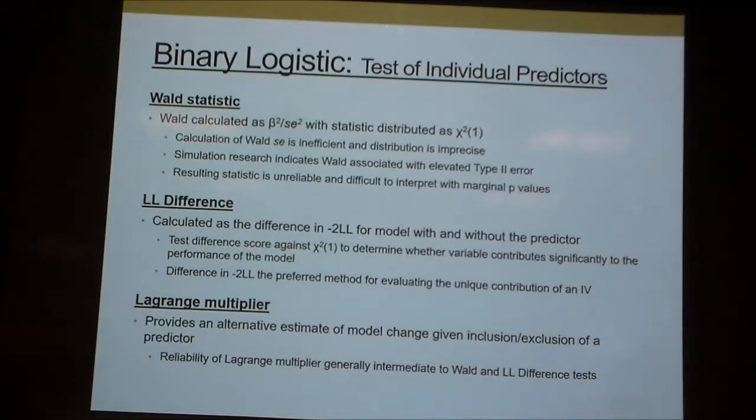But really, the difference in your -2 log likelihoods is your gold standard for determining statistical reliability. Oftentimes people will publish and just use their Wald statistics because things are pretty cut and dry, pretty clear cut, right? There's not a huge difference, but if you're starting to get marginal effects, it's worth taking a look at the -2 log likelihood. Okay. Questions on this?